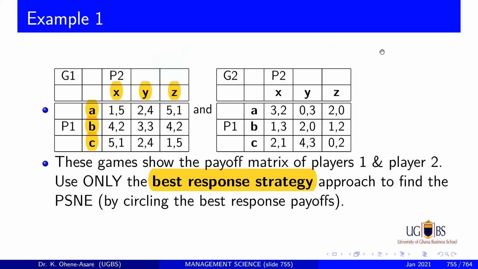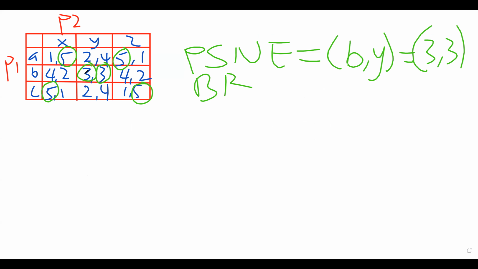Please note that the one we just did a few minutes ago just happens to give us BY as a single pure strategy. But it could have happened that we would have had two of them, and then we would have multiple equilibria.